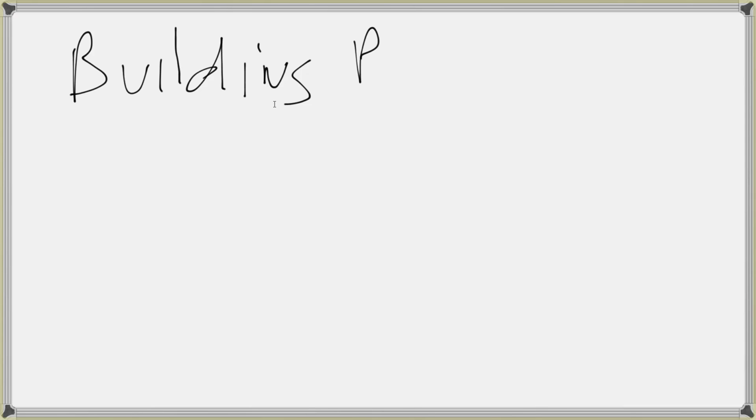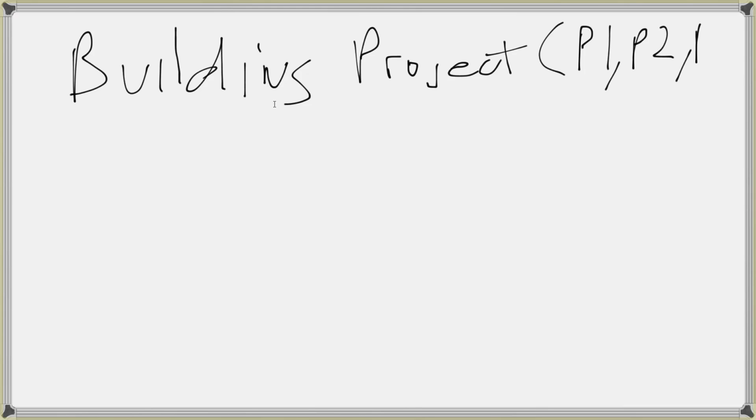Building project. Right? There's a bunch of folks in that team. Let's call them person 1, person 2, person 3. These are basically everybody that's involved with building this building. Okay, everybody. And now underneath there, I have an electrician space.